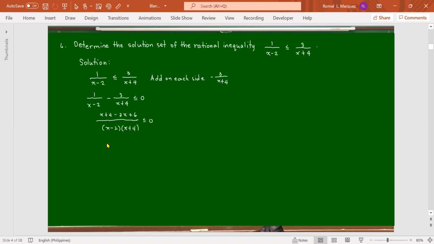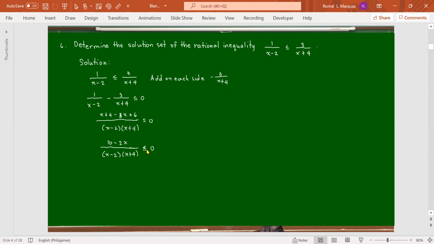Simplifying the numerator, we get 10 minus 2x all over x minus 2 times x plus 4, less than or equal to 0.